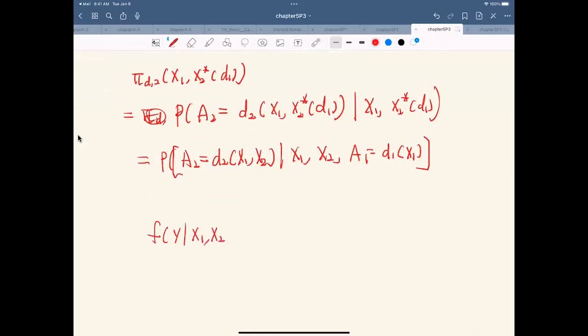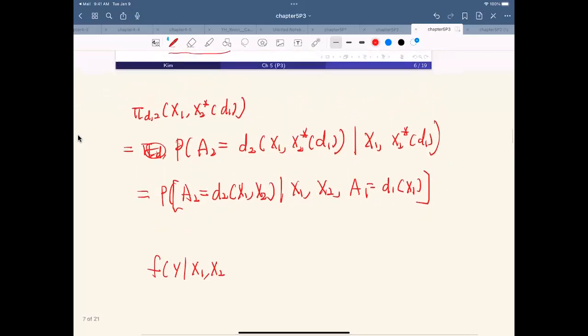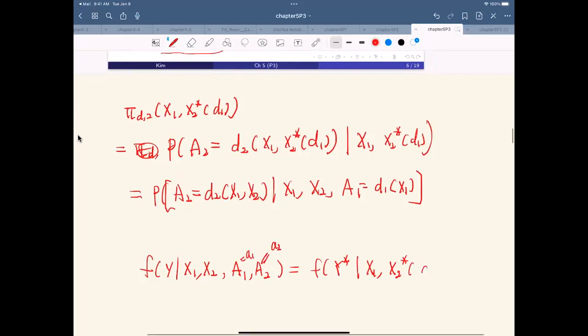You can think of this as a Y. Given A1, A2, X1, X2 star A1, right?